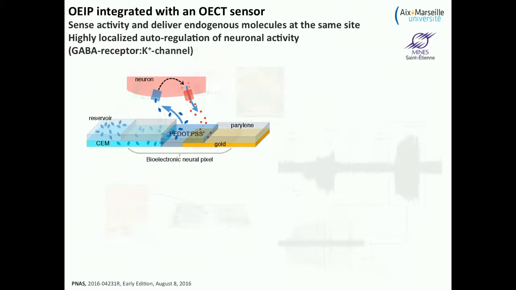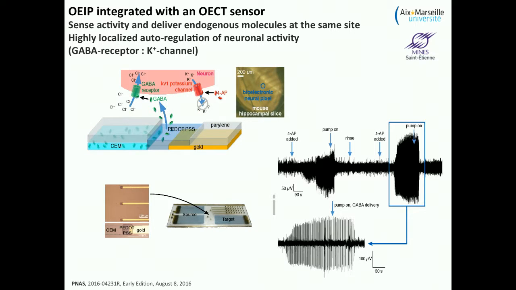In this experiment, we took a mouse hippocampal slice, and the idea is to pump out GABA, the neurotransmitter, so it impacts the GABA receptor and performs a depolarization. This then is an antagonist to suppress the release of potassium ions, and this change in the release of potassium should then be possible to detect with the sensor. So emission, detection, emission, detection.